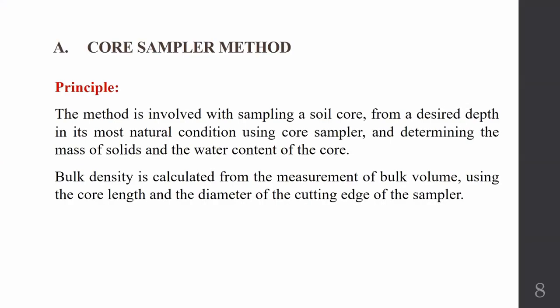Shall we look at the first method, the core sampler method? In your practical sessions we will discuss more details about these methods. Today we just look at the principles of these methods and the procedures.